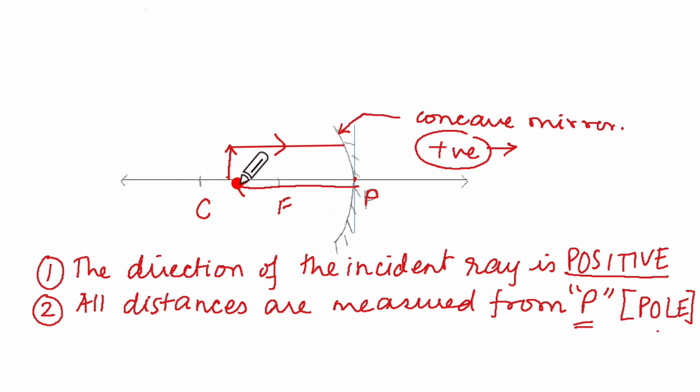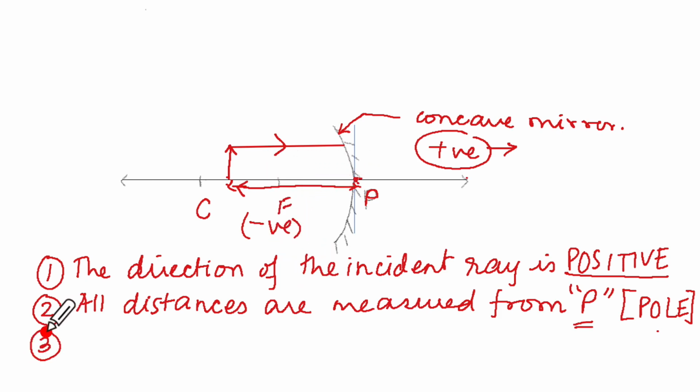So this side, when we are looking at the distance, it is going to be negative. If we are measuring from P distance this side, it will be positive because it is in the direction of the incident ray. And if we are measuring from P this distance, then we are going in the opposite direction, so that is negative.